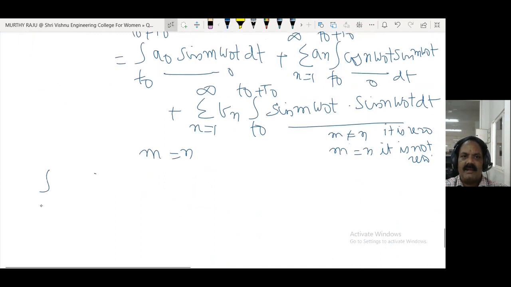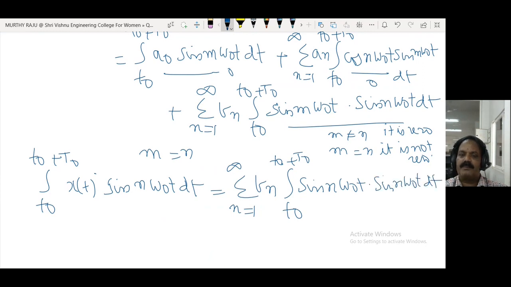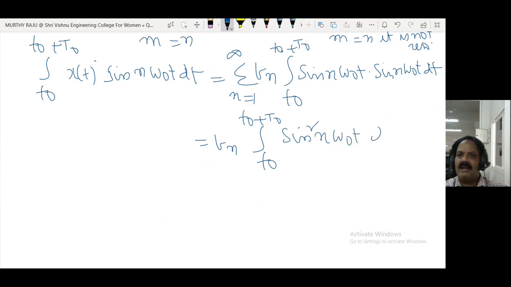So with m is equal to n, the integral from small t naught to small t naught plus capital T naught of x of t sin n omega naught t dt equals, considering sigma n is equal to 1 to infinity bn, the integral of sin n omega naught t sin n omega naught t, which is the integral of sin square n omega naught t dt.